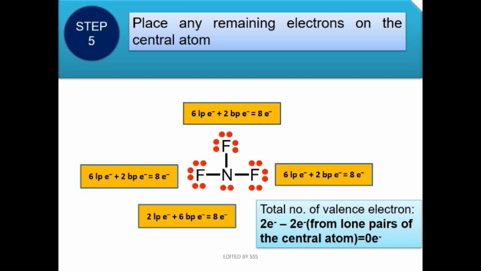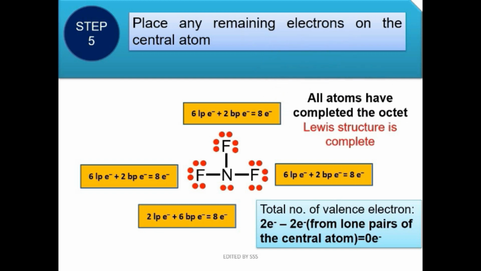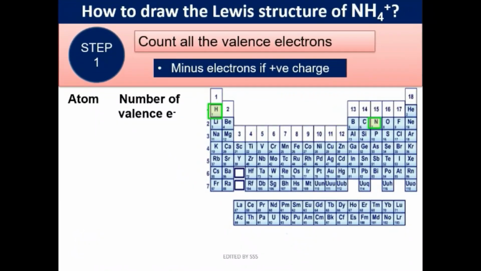While nitrogen has 2 non-bonding electrons and 6 bonding electrons. Thus, nitrogen is octet. All atoms are octet. Therefore, this Lewis structure is complete. Let's draw the other Lewis structure.